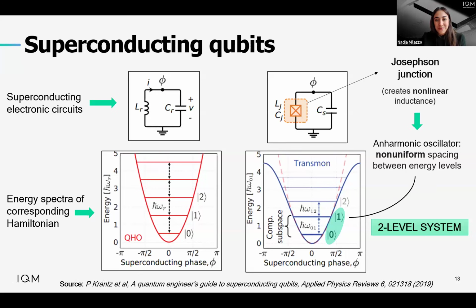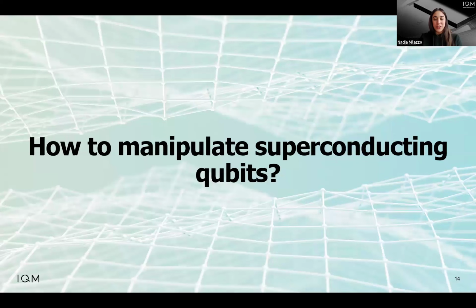Okay, so hopefully this was not too much. But now that we know what a qubit is, we have seen that it is a superconducting electronic circuit where we introduced some non-linearities and isolated the first two energy levels of this quantum system.